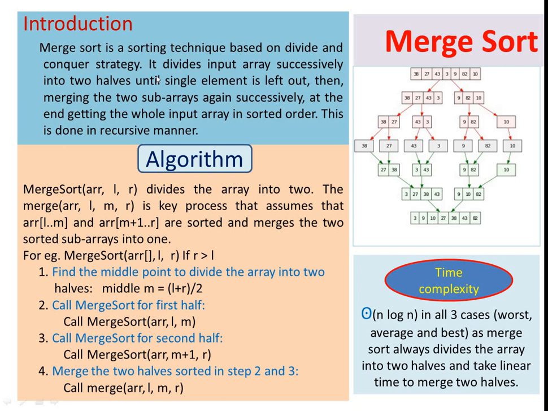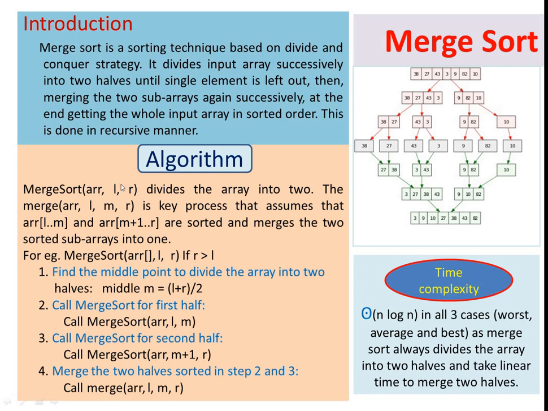It divides the input array successively into two halves until a single element is left in the subarray, then merges the two subarrays again successively, working up to the top input array, and at the end getting the whole input array in sorted order. Merge sort follows a recursive algorithm.